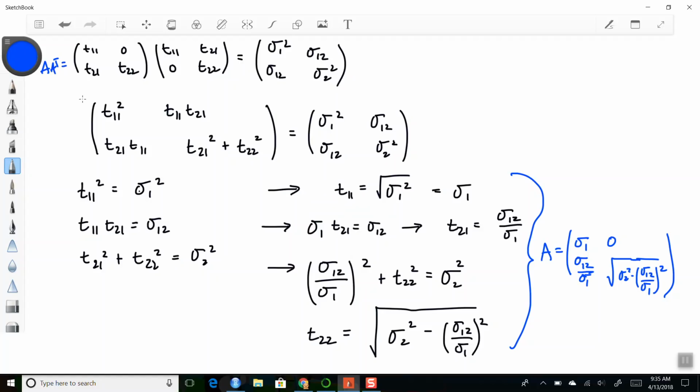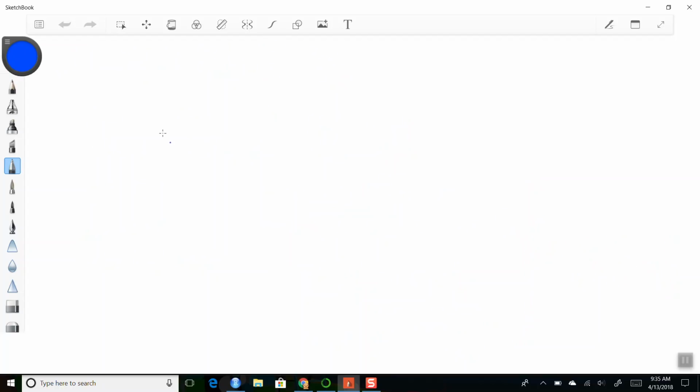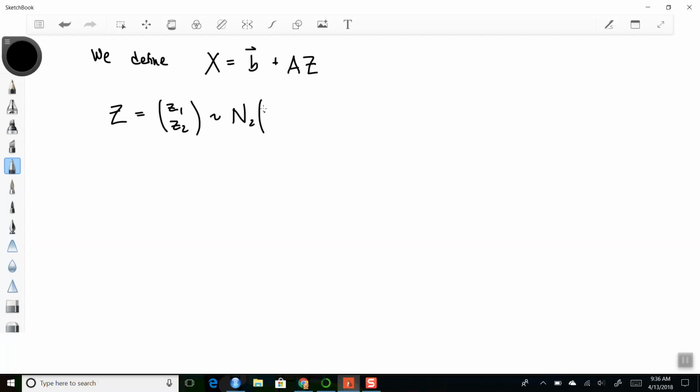All right, is that okay? So now that we have this, we can define X equal to our B vector plus A times Z. Z is equal to Z1, Z2, and these are coming from a bivariate standard normal.